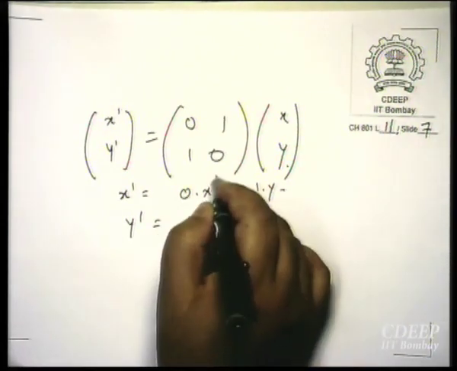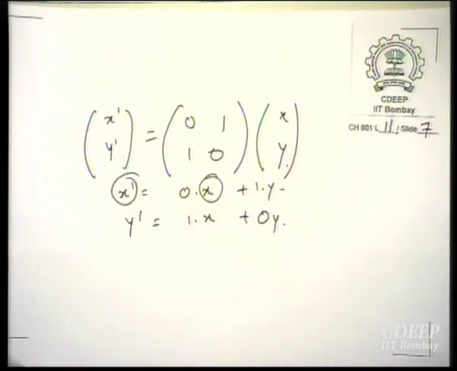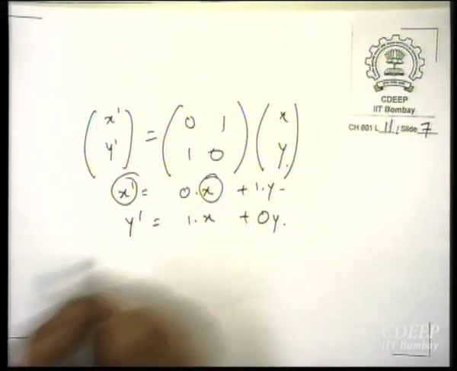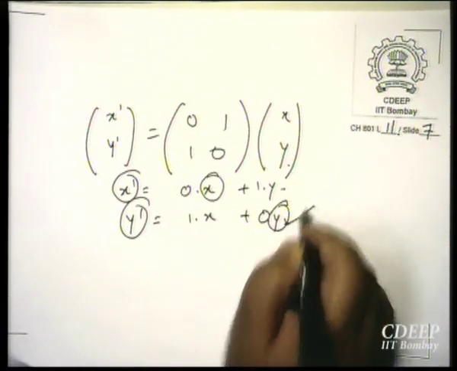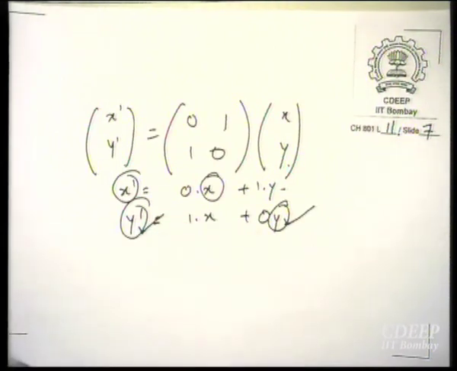That means x does not have any contribution in transformed x. Y does not have any contribution in the transformed y. That is the meaning of this 0. Okay, it is not complete annihilation. It is annihilation in this sense, that a coordinate does not contribute to the transformed form of itself, right.